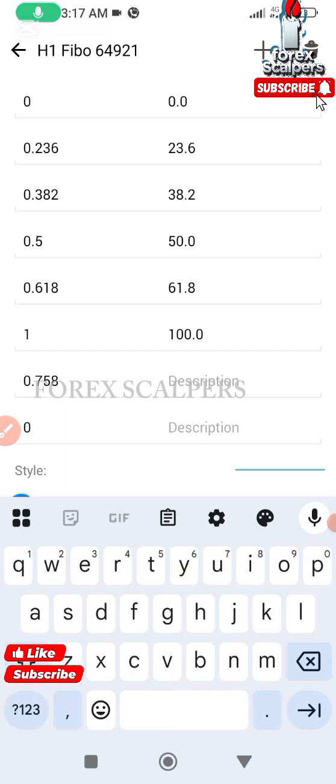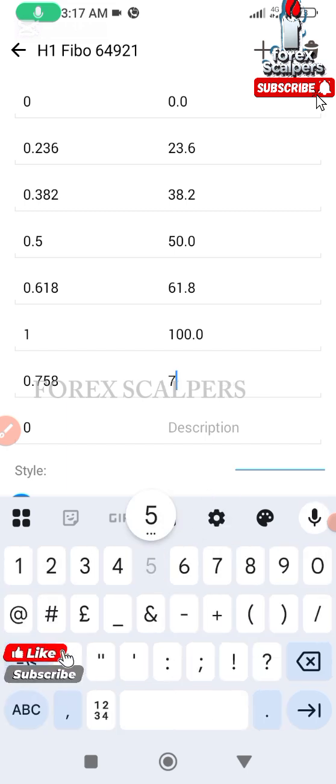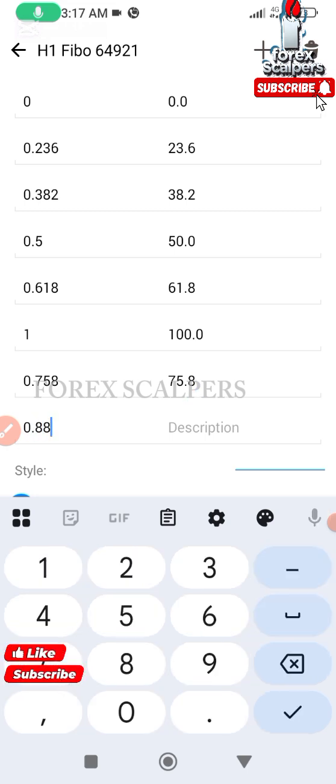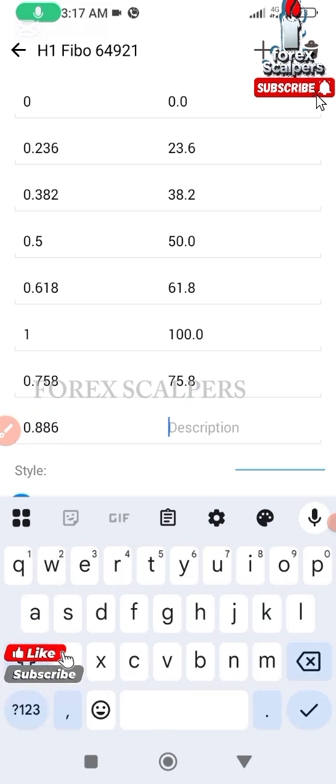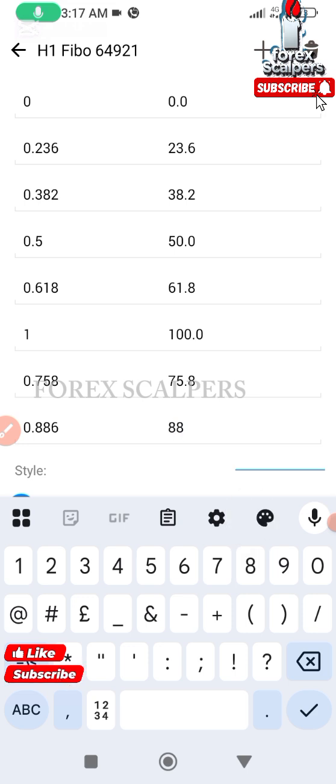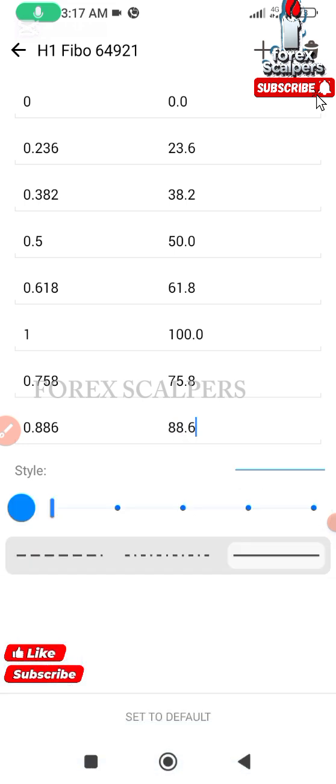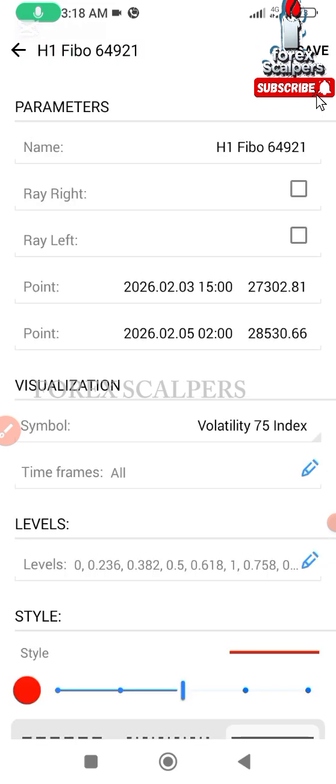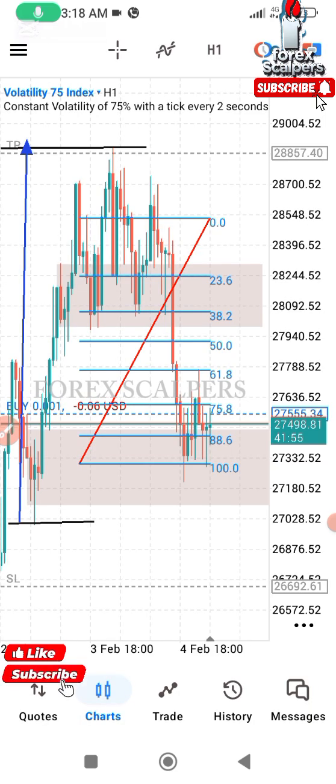So my description is going to be 75.8. And here is going to be 0.886. So my description is going to be 88.6. So I've done this. I will increase this a little, then I'll go back and I'll click on save. So you can now see that I've increased the level.